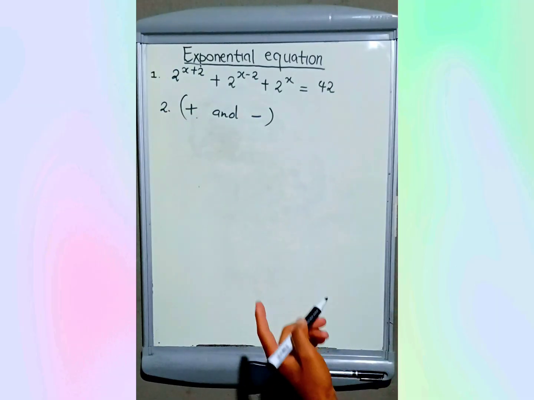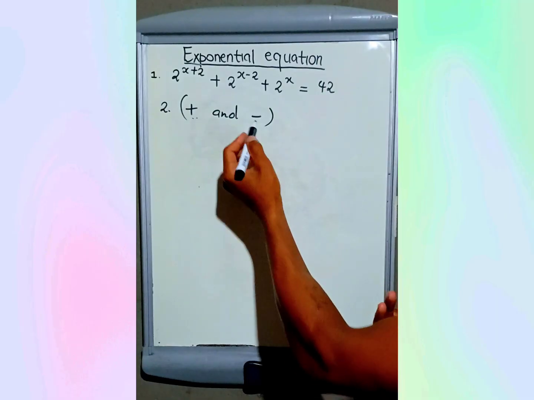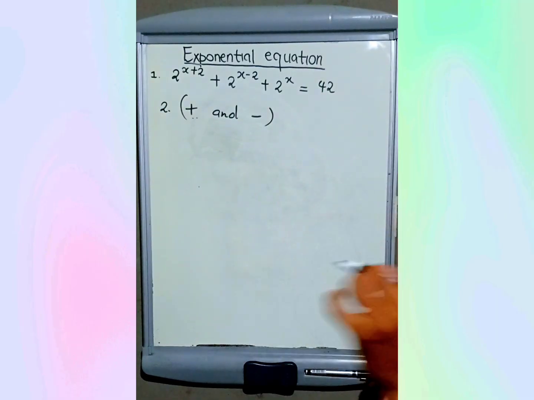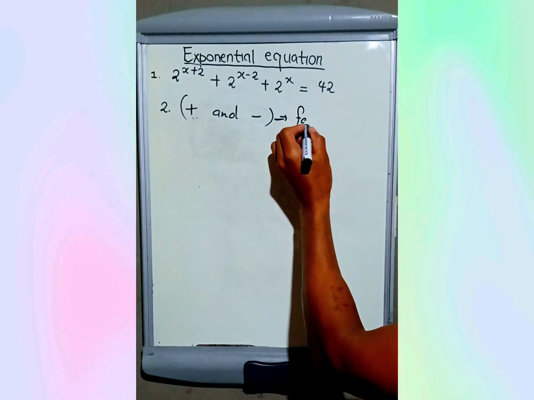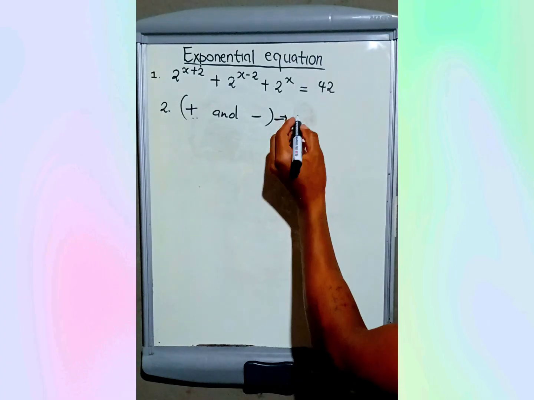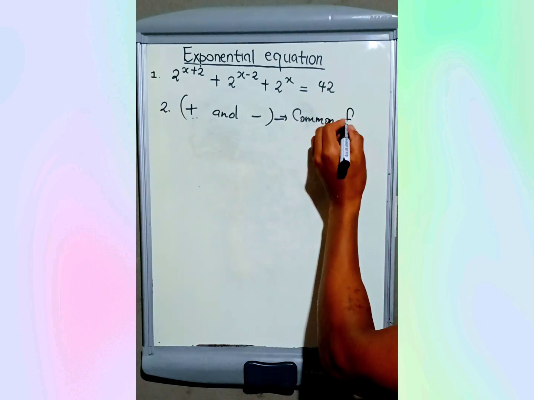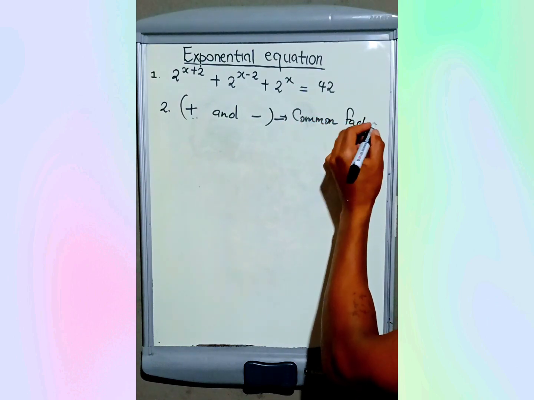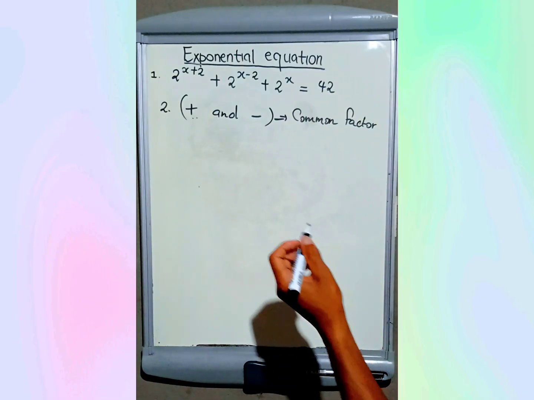If we have a positive sign and a negative sign between the terms, that tells you that you need to go and look at the common factor, grade 11. It's very important to take note of that. That is the first rule.